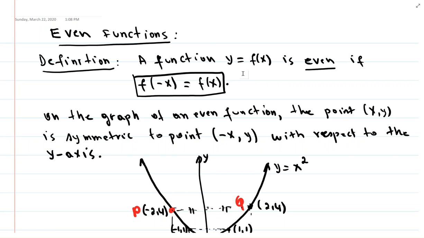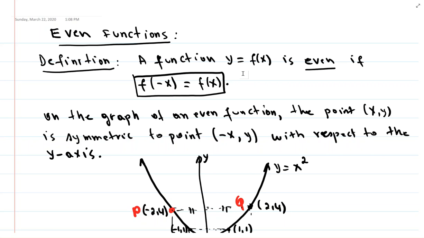In terms of graph, the point negative x comma y on the graph of the function is symmetric with respect to the point x comma y about the y-axis.